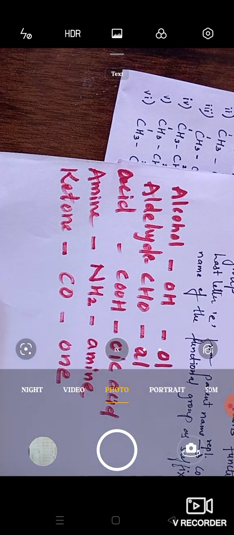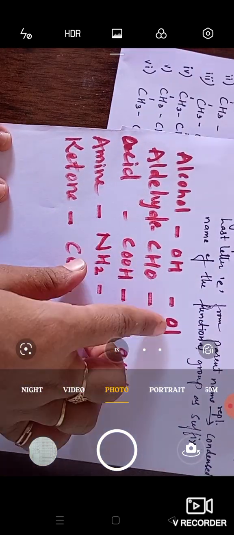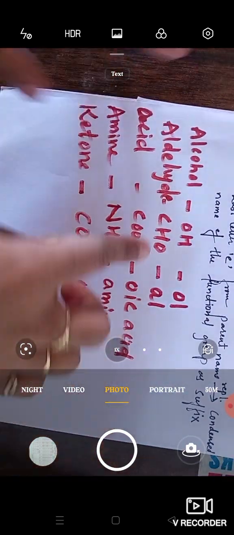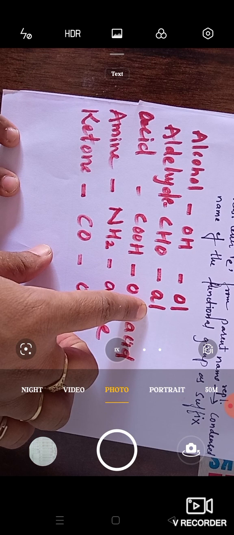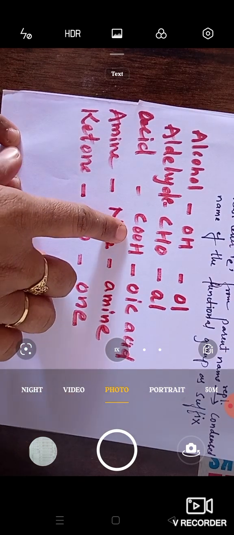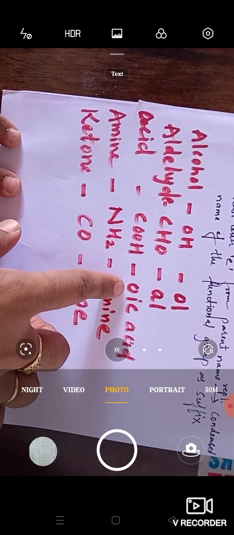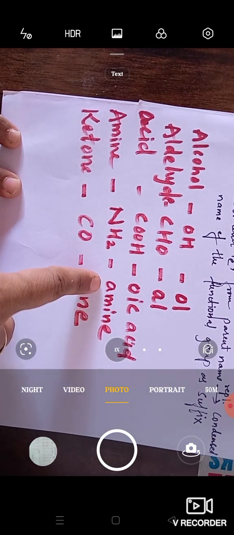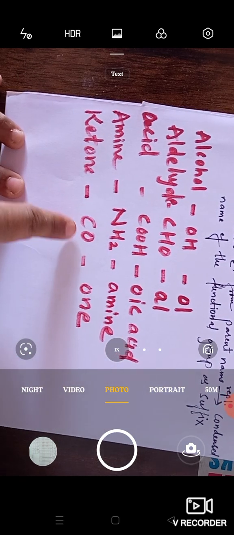So these are the condensed names of the functional groups. If an OH group is present, "e" will get replaced by "ol". If CHO is present, "e" will get replaced by "al". If a carboxylic acid group is present, "e" will get replaced by "oic acid". If an amine group NH2 is present, "e" will get replaced by "amine".